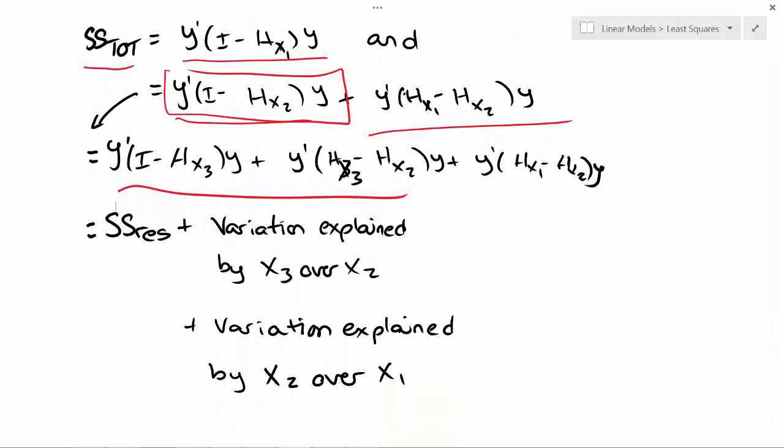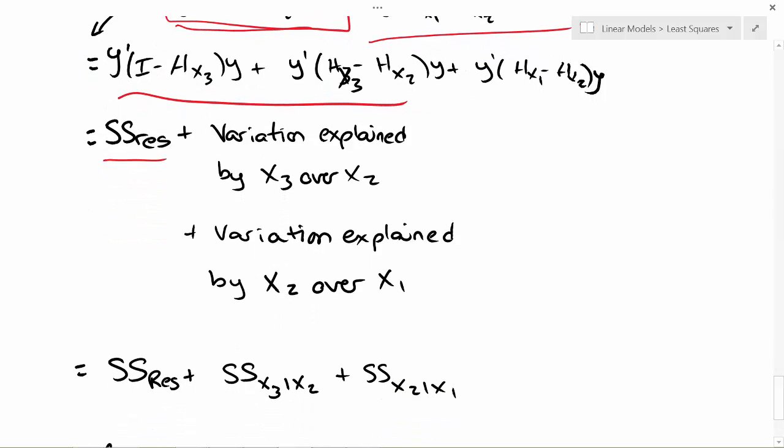So what this boils down to is that my SS total can be decomposed into the residual sums of squares for X3 plus the variation explained by X3 over X2 plus the variation explained by X2 over X1. And we could just keep doing that.